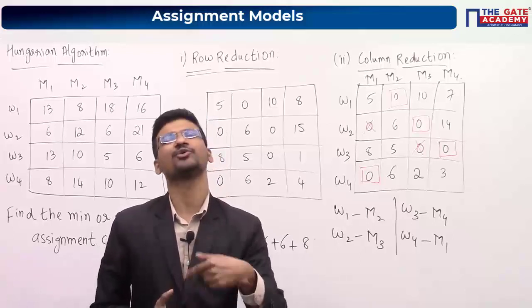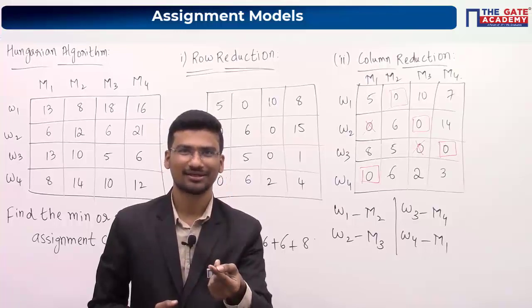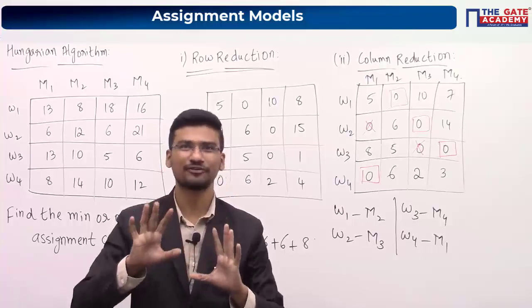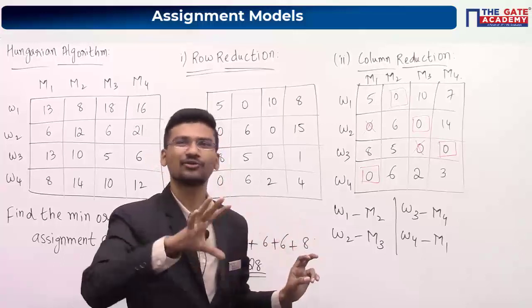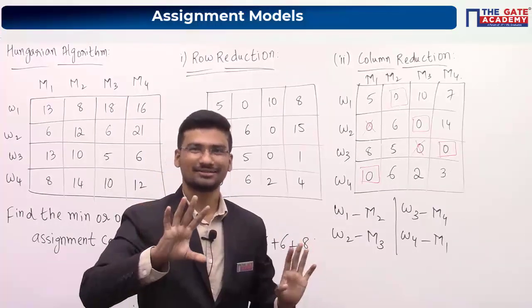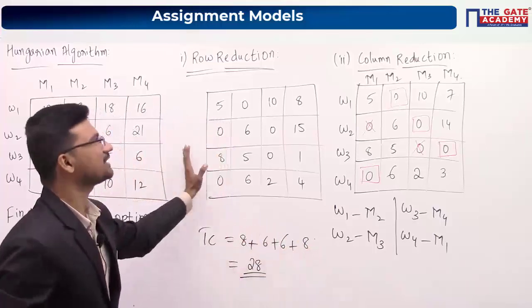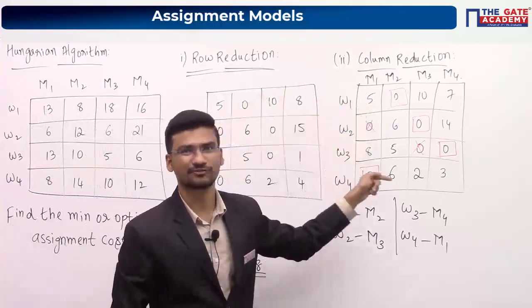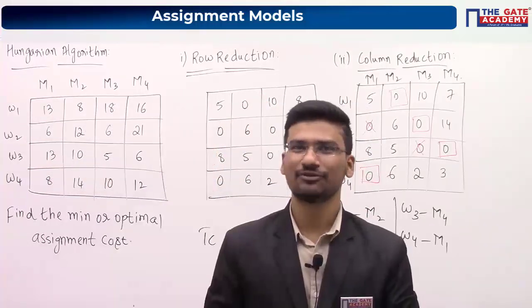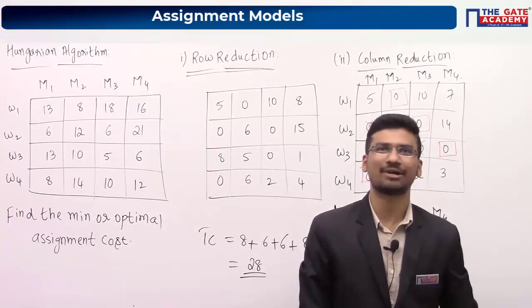If you are doing column reduction first, you have to look for single zero columns first. So please follow this procedure only: row reduction, column reduction, and after that look for single zero rows first. Very good, you can try, Shrimay. Just try and check whether you are getting the same answer or not.